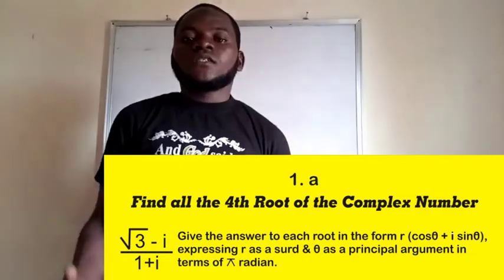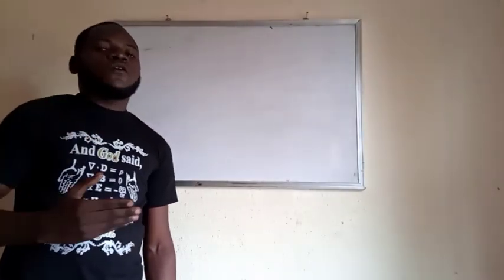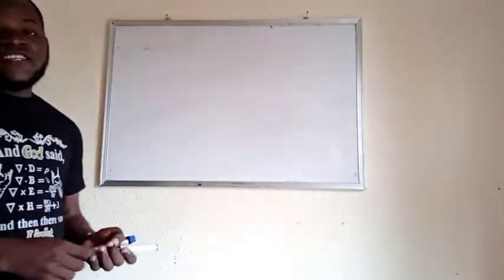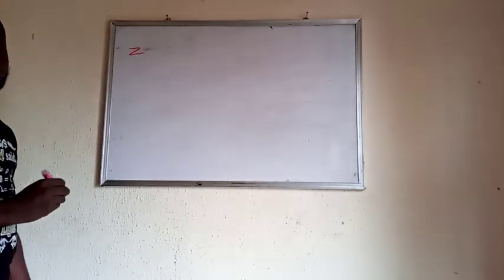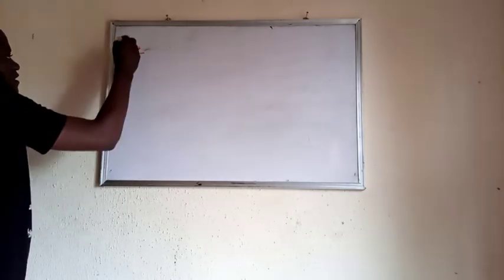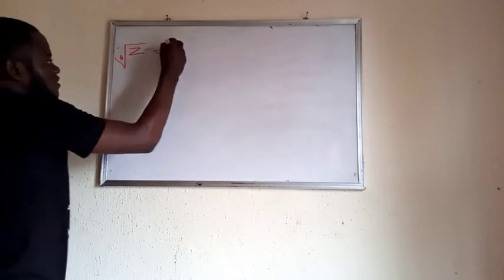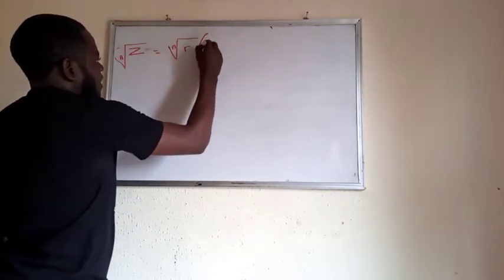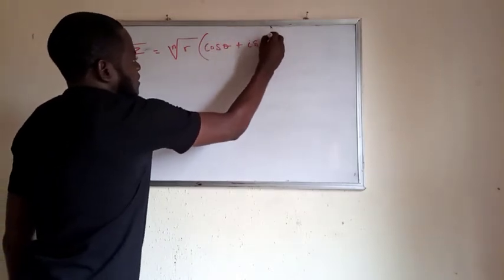Now class, I would like you to understand something. When you are asked to look for the nth root of a complex number, let's say the complex number is z, the nth root of z is going to be the nth root of r, times the bracket cos theta plus i sine theta.